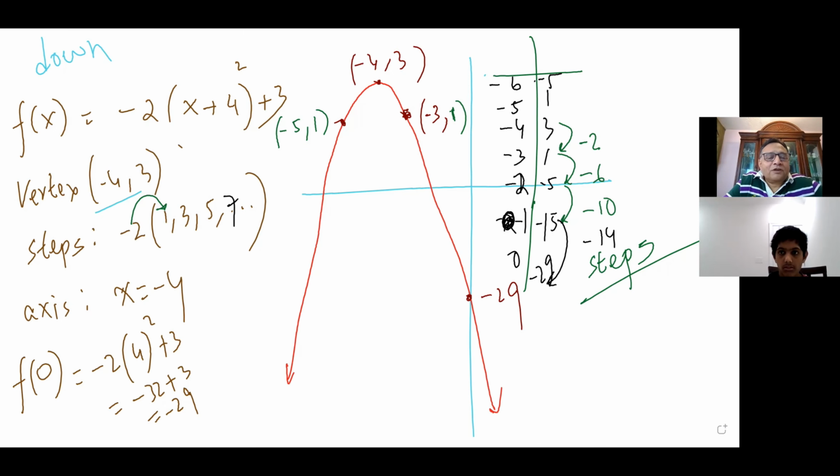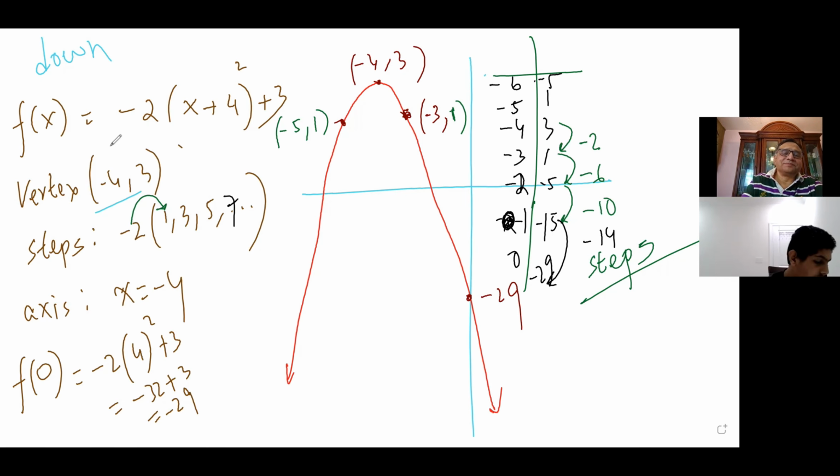Perfect. Will you like to revise or summarize our learnings? How do we sketch the graph of a parabola if we are given the equation in vertex form? Basically, you find the vertex, which is easy because it's already in vertex form. Then you find the a value, which is the value in front of the parentheses.